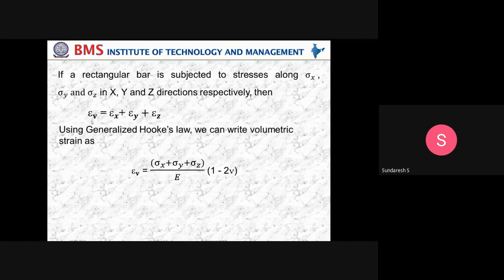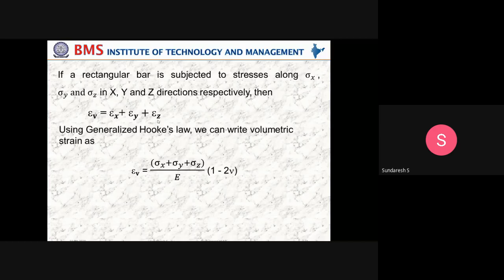Now, we know how to write an expression for the net strain in the individual axes, considering the effect of each stress in that particular direction. Am I right? This is by using generalized Hooke's law.